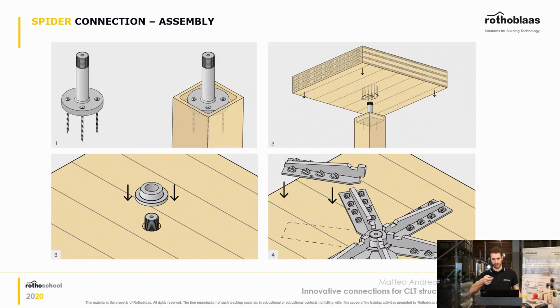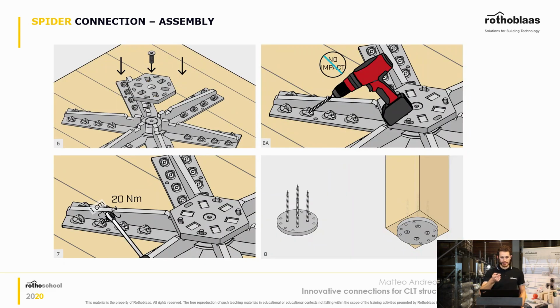and this is how you place it on site. Of course, it completely eliminates as well the compression perpendicular to the grain, to the fibers that you might have in these locations, which is of course an issue with timber. And this is how you place it on site, basically how you place in those long full threaded screws that we've seen before.